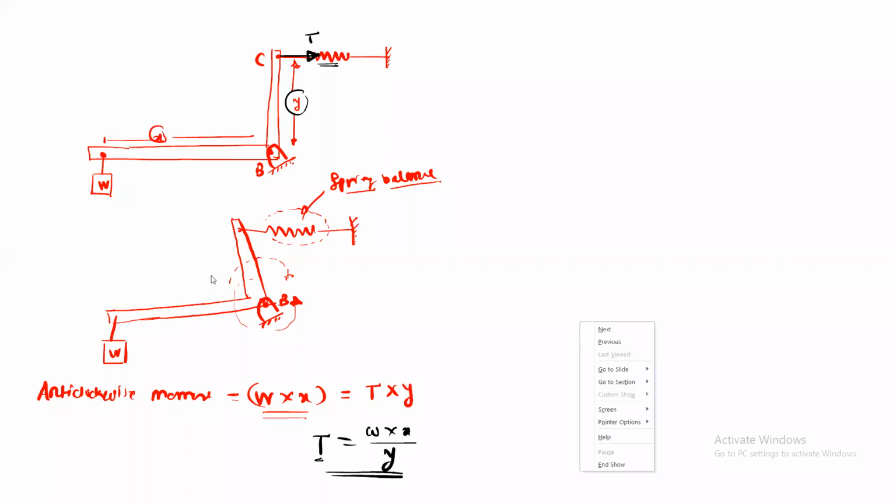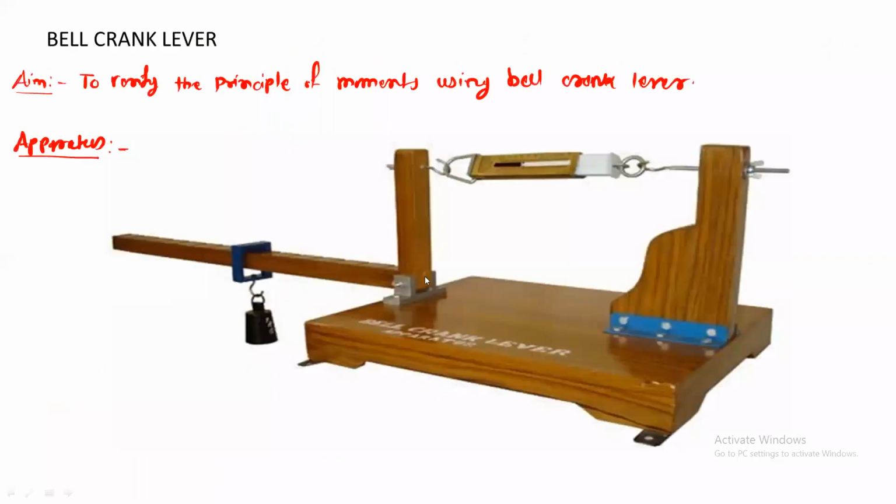You can observe in this diagram, this is the physical setup. This is the lever or bell crank lever. This point is the pivot point, or it is called a hinge point.